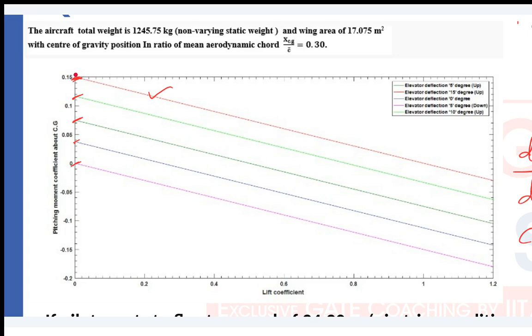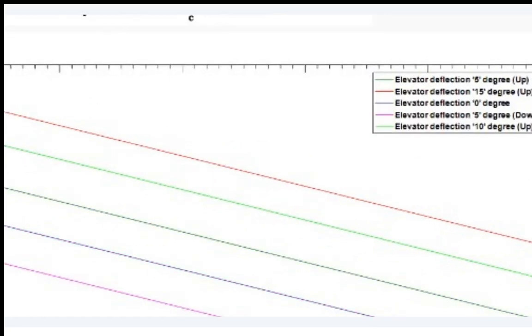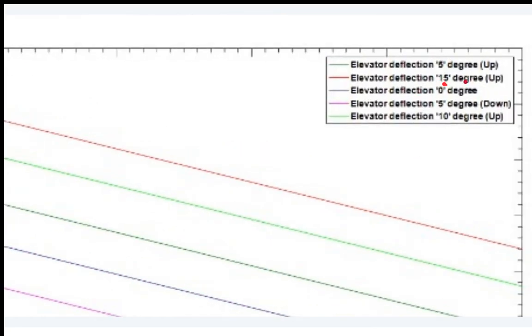Red line corresponds to 15 degrees up, and according to our sign convention, is elevator deflection up positive or negative? Exactly, so it's minus 15 degrees. Now is it clear?